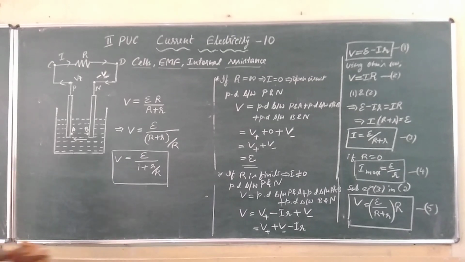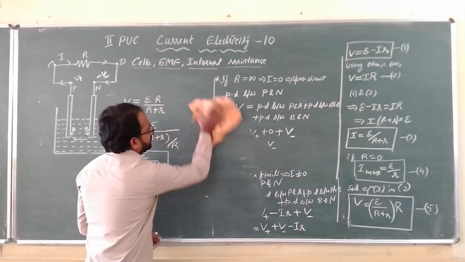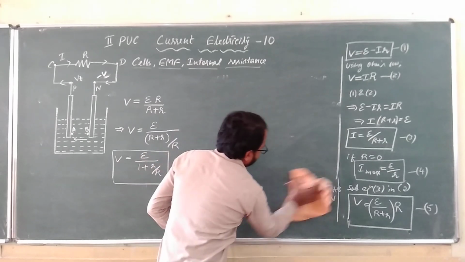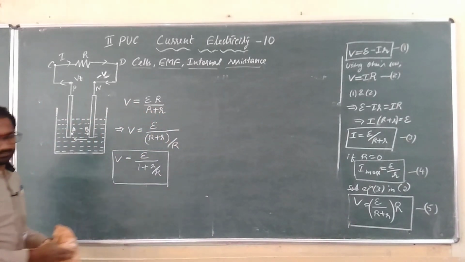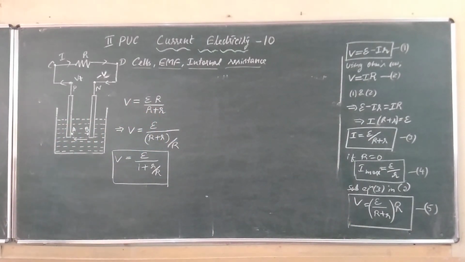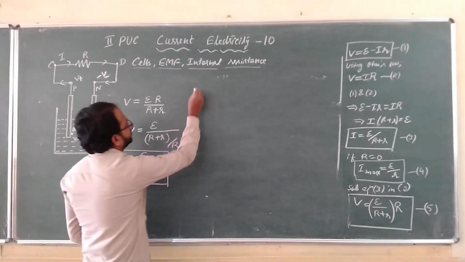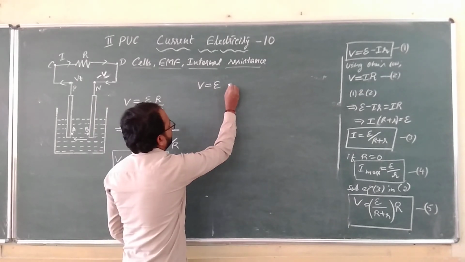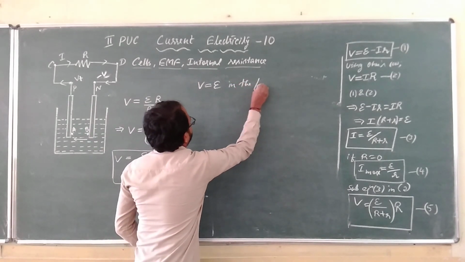Now the terminal potential difference of the cell is equal to the EMF of the cell in two cases. What are those two cases we discussed? The terminal potential difference is equal to EMF of the cell under certain conditions. So terminal potential difference is equal to EMF of the cell in the following two cases.